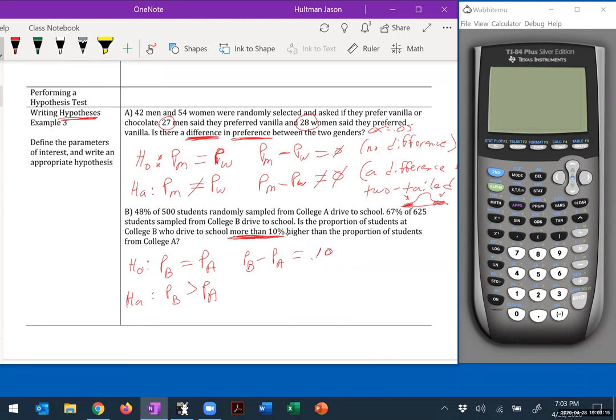Because we want to include this 10%, want to include that 10% if we can. And then the probability of B minus the probability of A is greater than 10%. So that's how I write the hypothesis for these. It's more than 10% higher. Is the difference more than 10%?